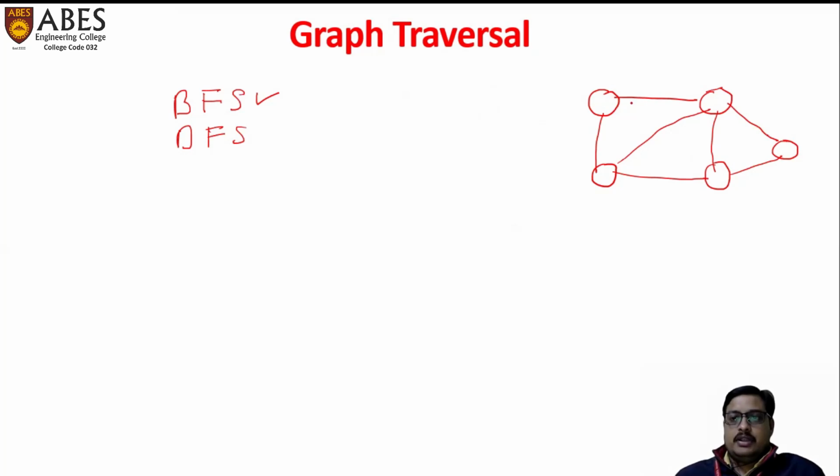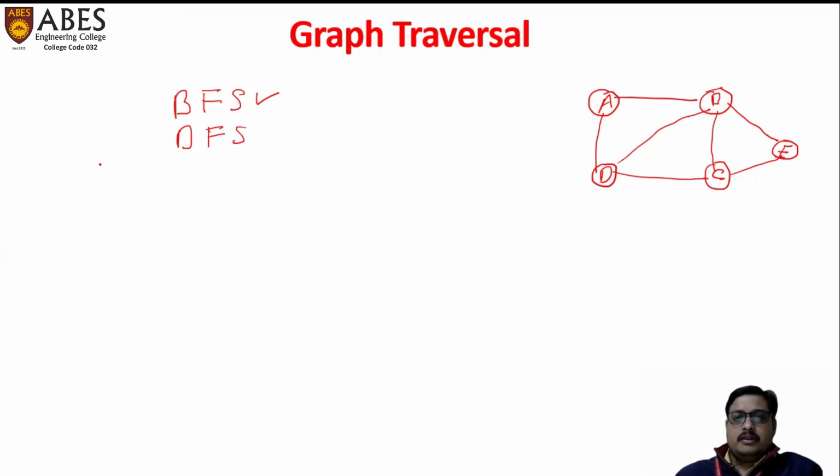Suppose the names of these vertices are A, B, C, D, and this is E. So the names of the nodes of this graph are A, B, C, D, and E.